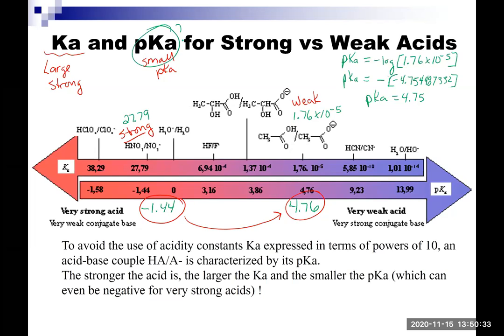So again, strong acids are represented by large Kas showing a large concentration of ions in solution. And if we take the negative log of that, then we get the opposite effect, where a strong acid is represented by a relatively smaller pKa. And a weak acid is represented by a relatively larger pKa.